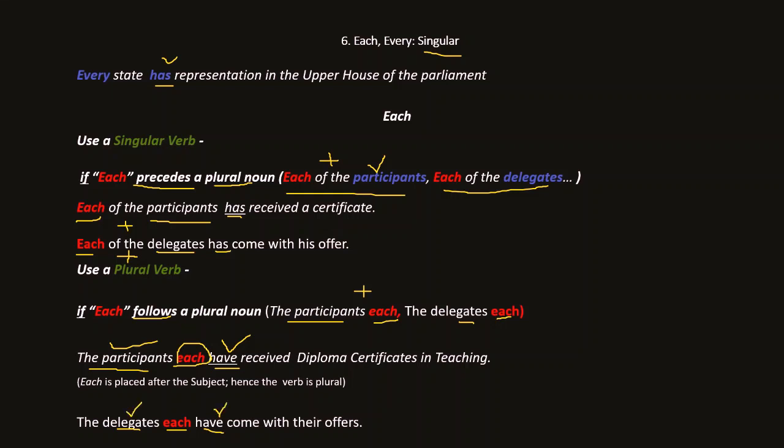The seventh subtopic on subject-verb agreement is collective nouns. Collective nouns are always singular.